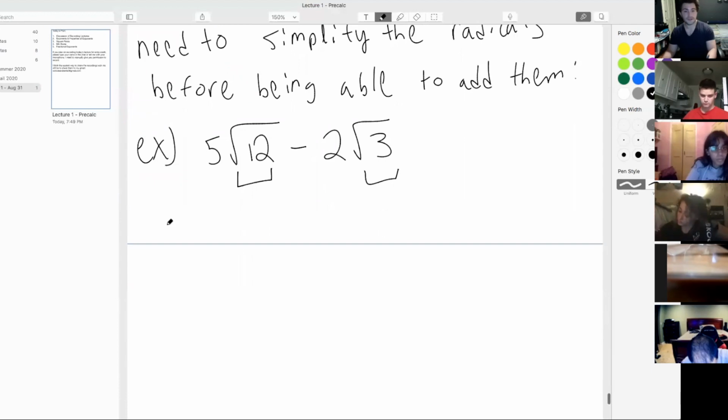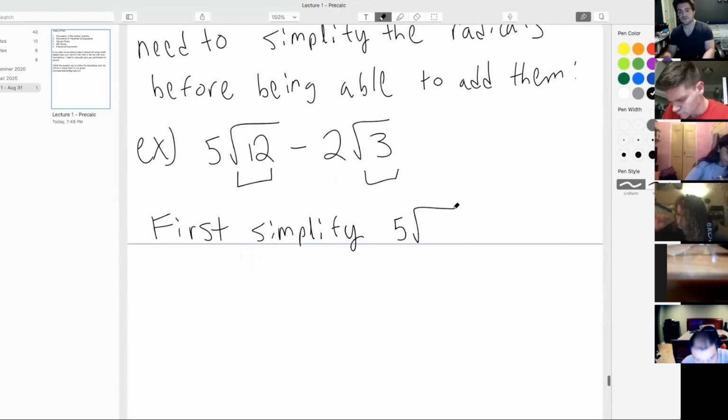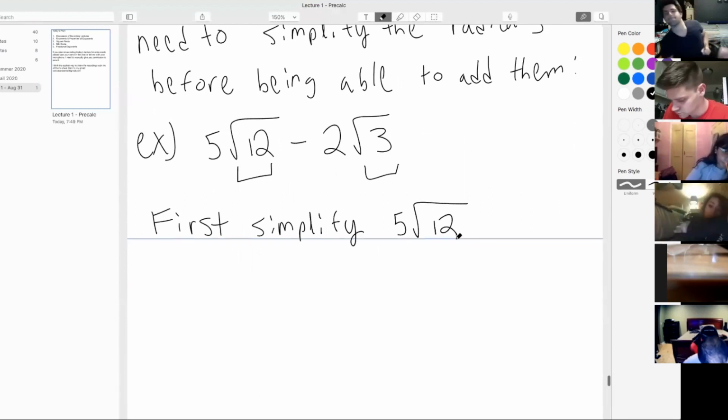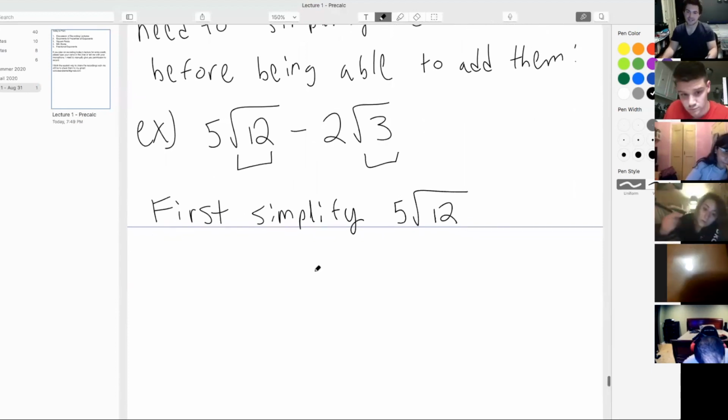So here we go. So first, simplify that first guy. First, simplify 5 square root of 12. Okay, just using our set of steps from before.